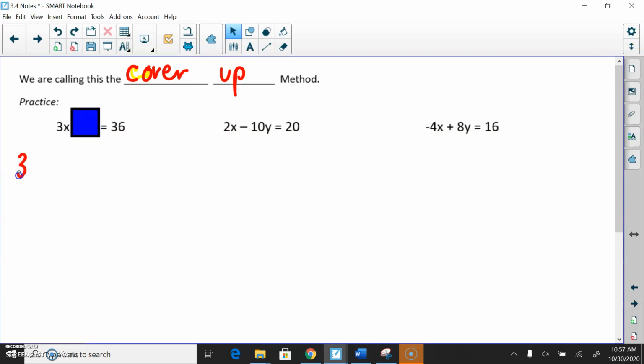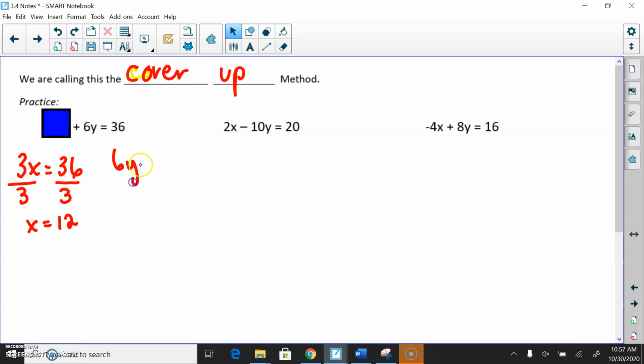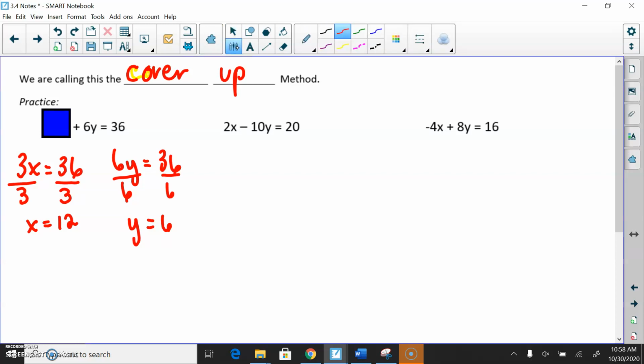I'm going to do 3x equals 36, divide by 3, x equals 12, so my x-intercept on that graph would be 12. And I'm going to cover up the other term, and I'm going to say, okay, now 6y equals 36. Divide by 6 on both sides and get y equals 6. And so that would be my y-intercept for that equation.